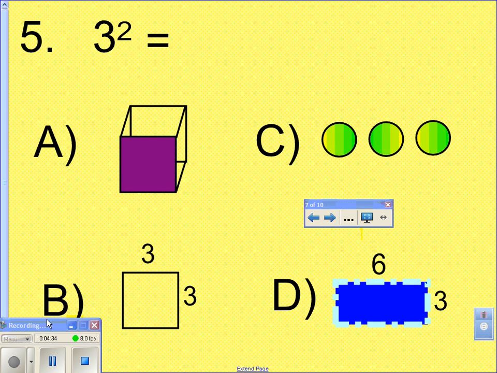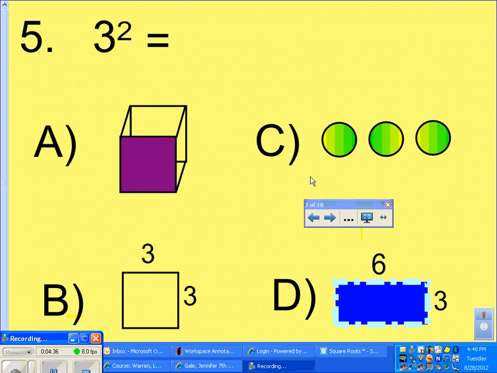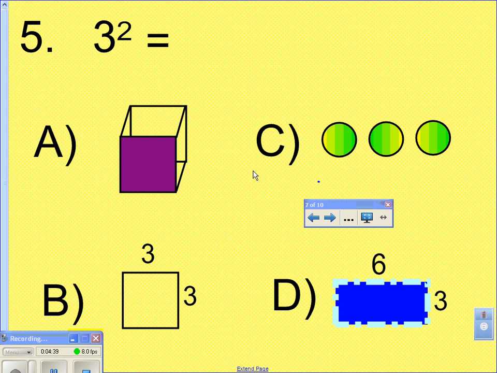So now this is how we're going to model squares and square roots. The first thing you should do is solve whatever you see. We know that 3 squared means 3 times 3. What is 3 times 3? It's 9. Okay, so we always want to find the picture that best represents our answer.